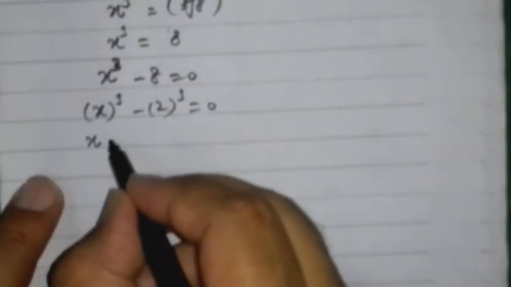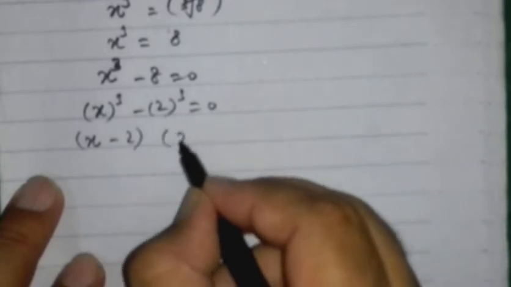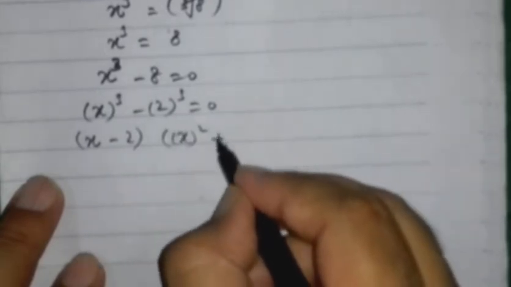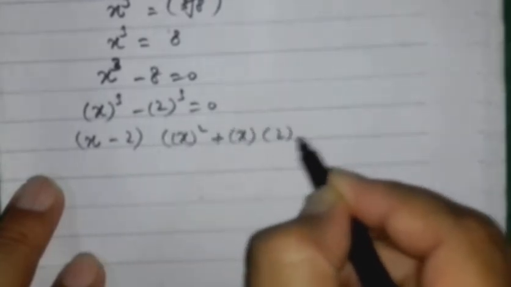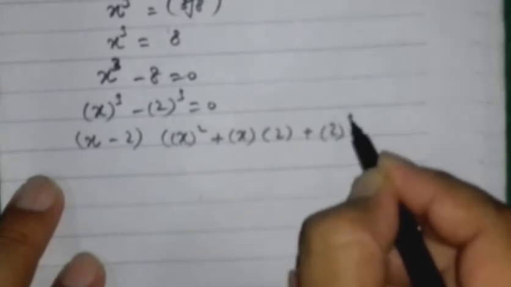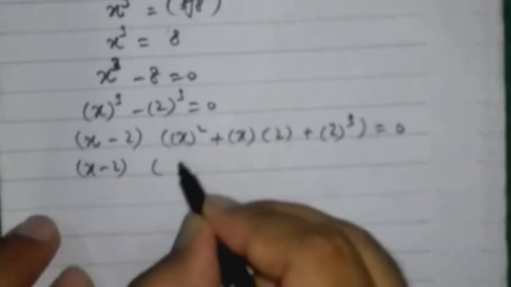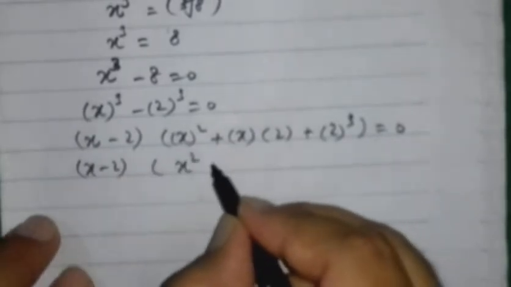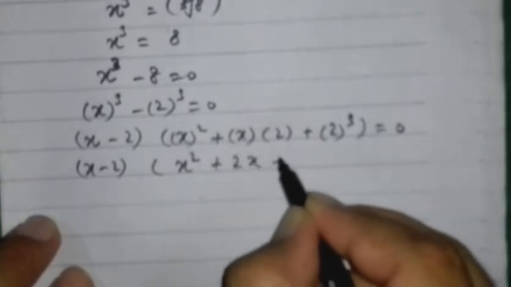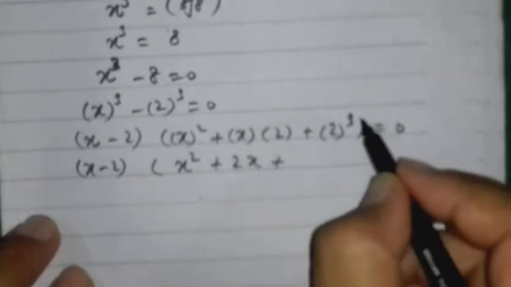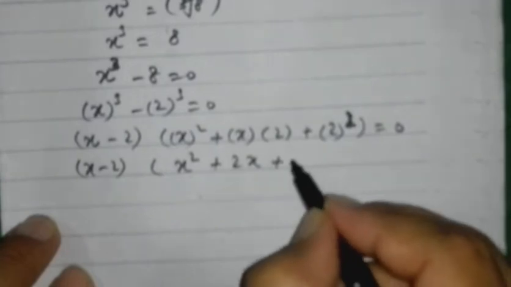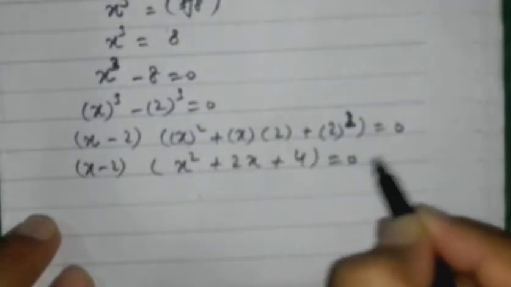Now expand it by the a cube minus b cube formula, so we get (x minus 2)(x square plus x into 2 plus 2 square) equals 0. x minus 2, and this becomes x square plus 2x plus 4 equals 0.